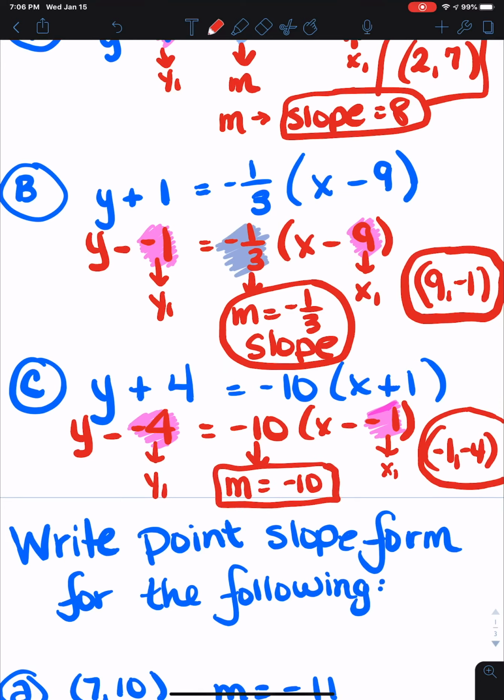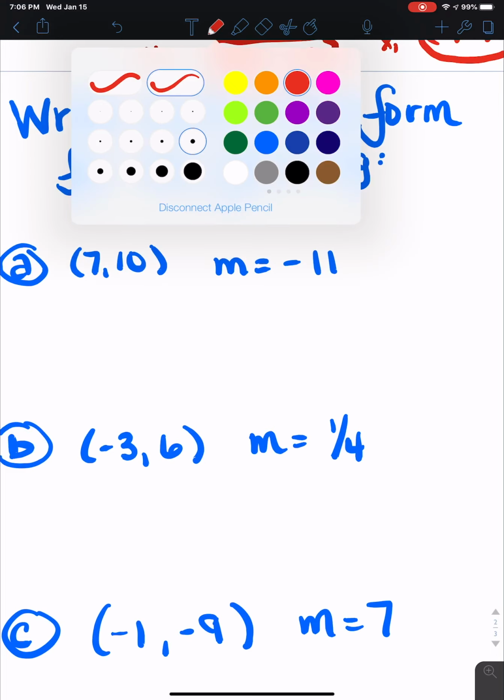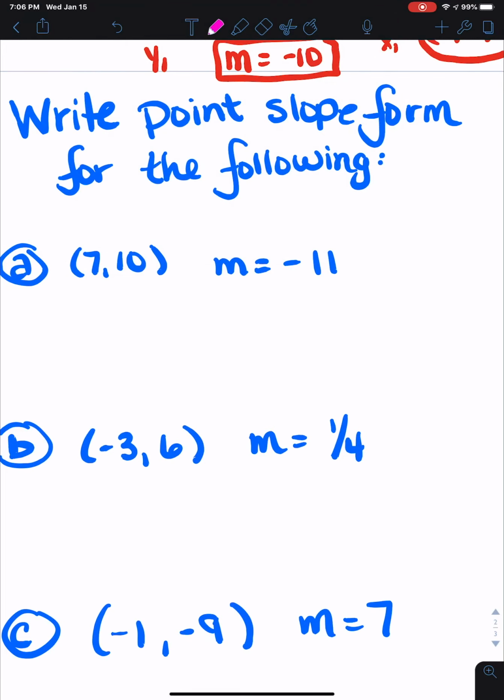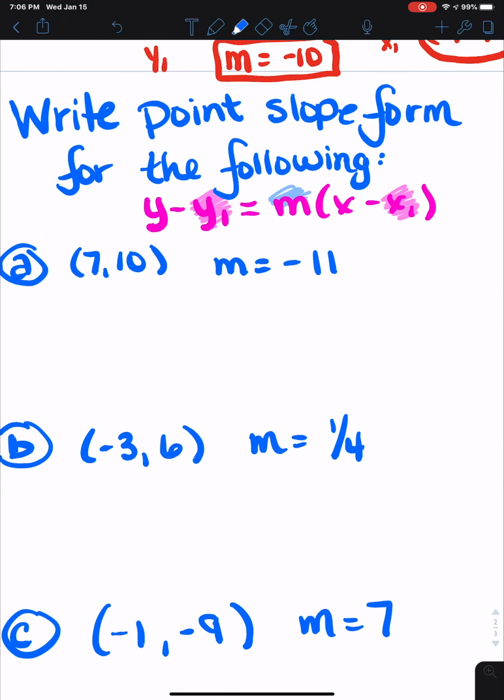Okay, let's look at the backwards version of this. They want me to write point slope form for the following. So remember, we're plugging in to this. Now, just like we said in the last one, my point is going to get plugged in there, and then my slope is going to get plugged in there.